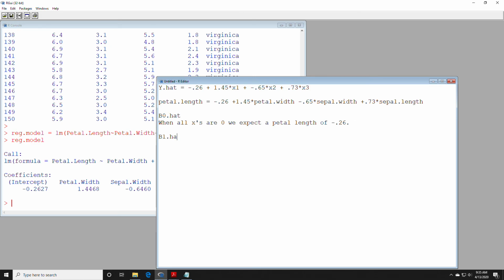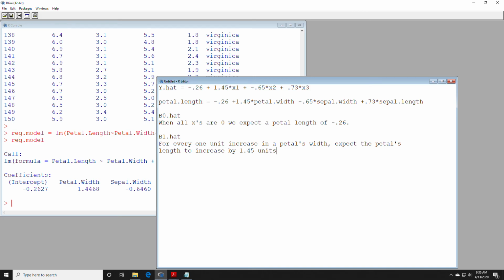Okay, beta 1 hat. It is still the slope parameter relating petal width to petal length, but we do have to take into account these two, which I will do. So I'll write it like this. For every 1 unit increase in a petal's width, we expect the petal's length to increase by 1.45 units.